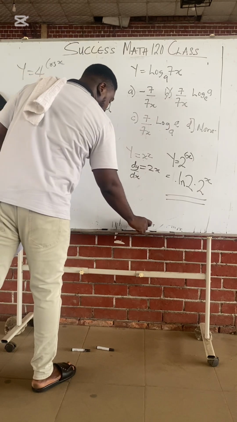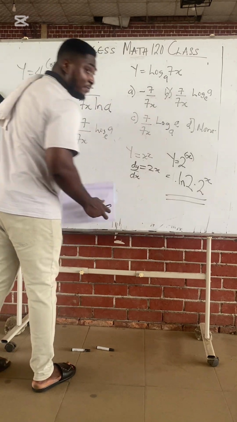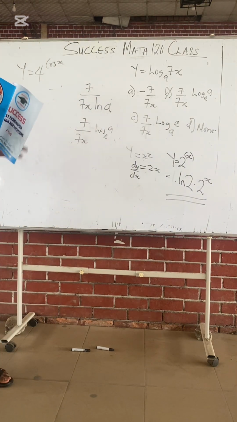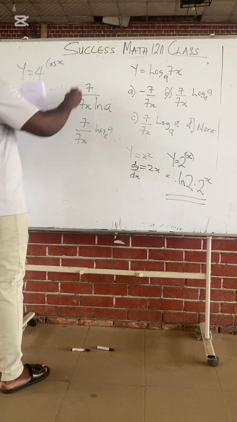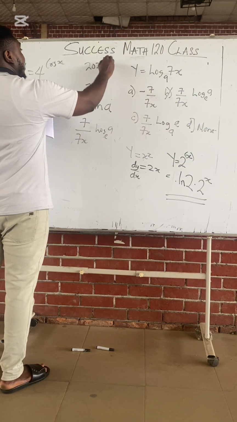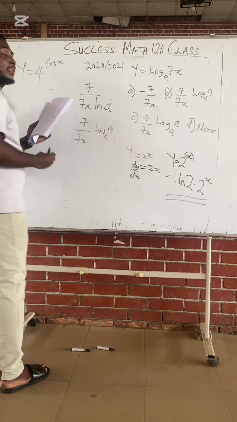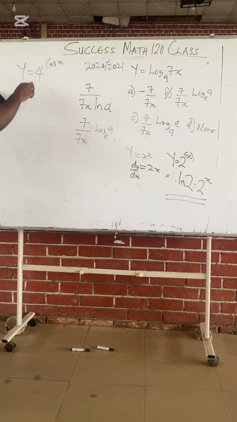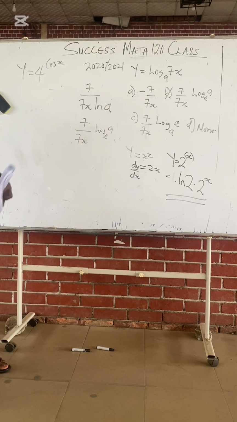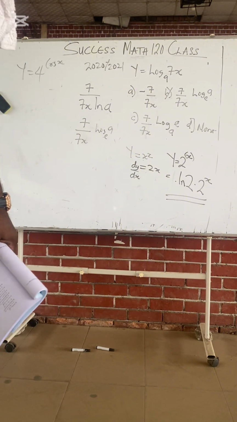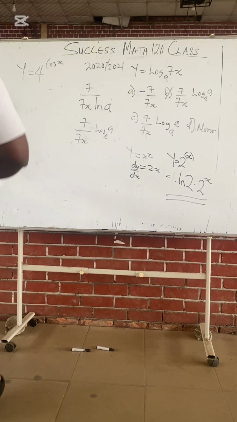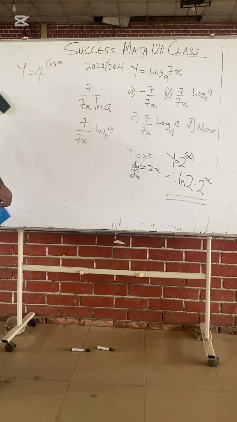Math 120, 2020/2021 set. Class, anytime your base is a number and your x is now in a power like this, let me give you the options so that you will see what I'm talking about.